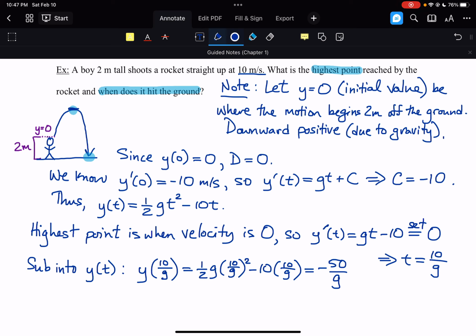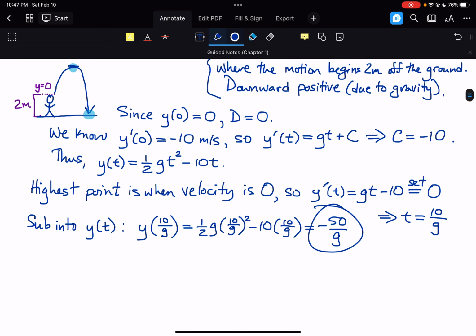Now we have to think about this again with these notes in mind, with that context in mind. Because this is negative, what it really means is it's that far off of the ground. But remember that it didn't start at ground level, it started 2 meters off the ground. So this distance of 50 over g is the distance from here. If we want the highest point, we want to go ahead and add those 2 meters back into that final answer.